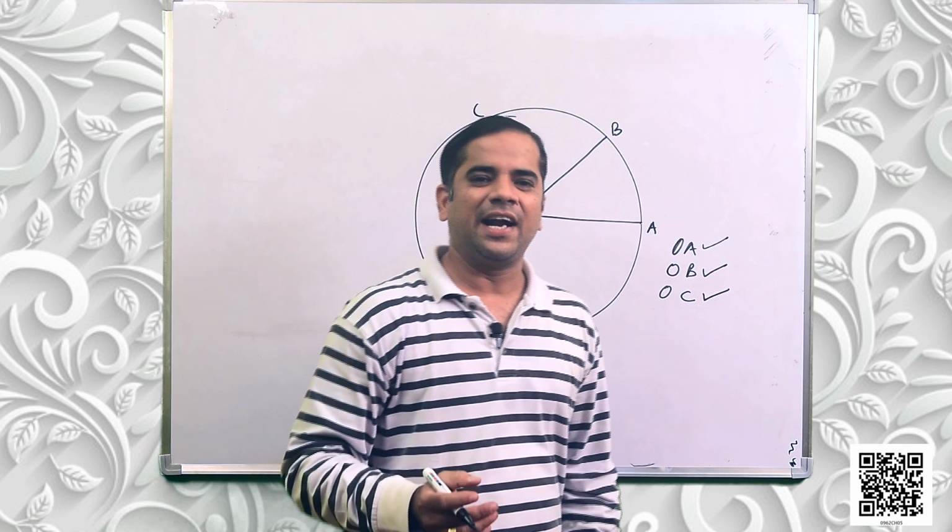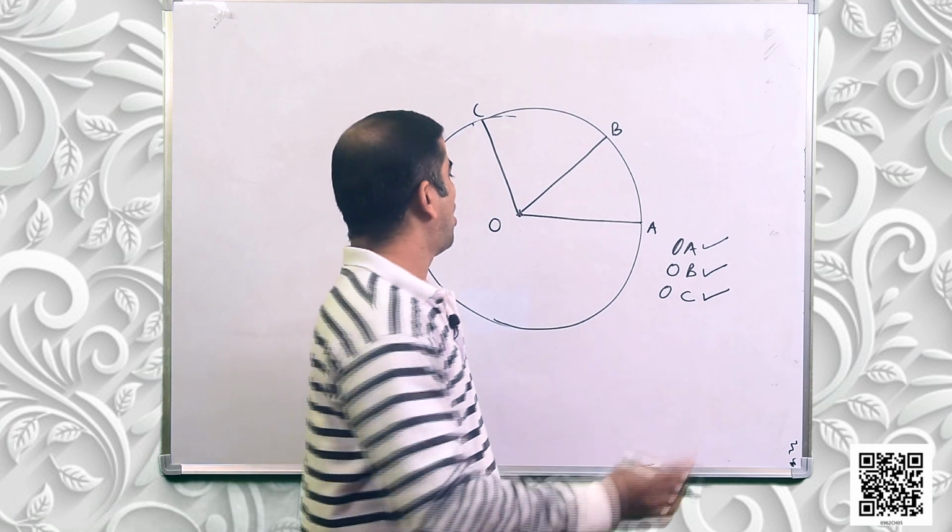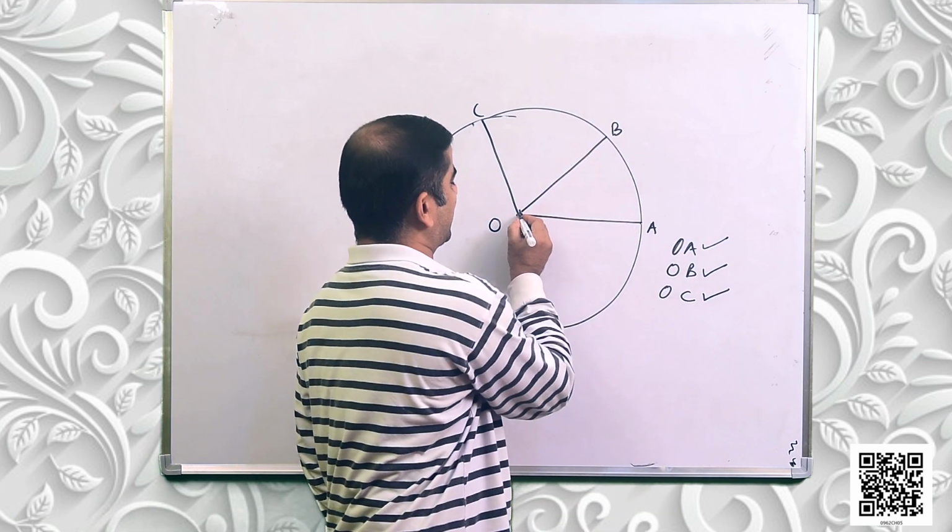So, we can define radius of a circle as the distance of the circumference from the center.